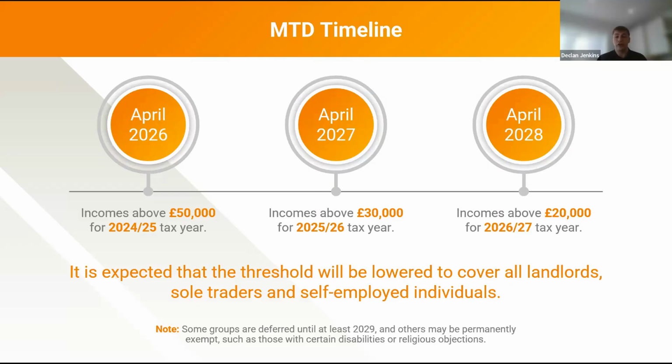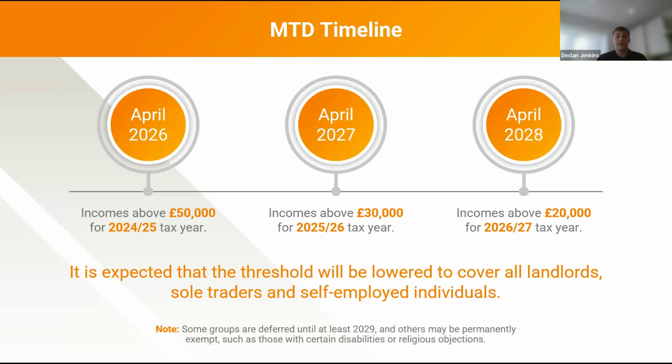So the gross rental income you've received before any expenses, plus the gross sales you have received from any self-employments. To get to these limits, you need to add together your self-employment and landlord income. It's not just one or the other.